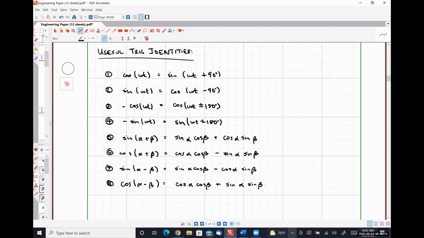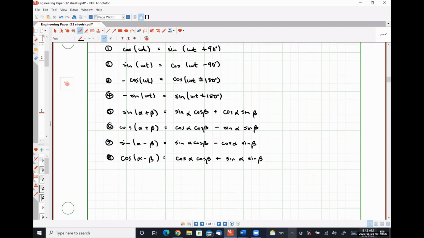Okay. So these last four trig identities here are used extensively in the analysis of steady state sinusoidal circuits in the time domain. Okay. We're going to analyze a circuit in just a few moments that satisfies those constraints. And then we're going to talk about a different way to approach it.